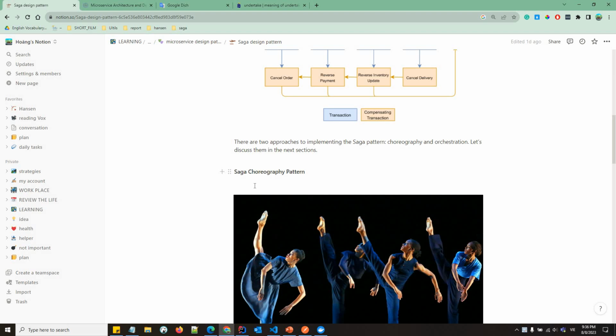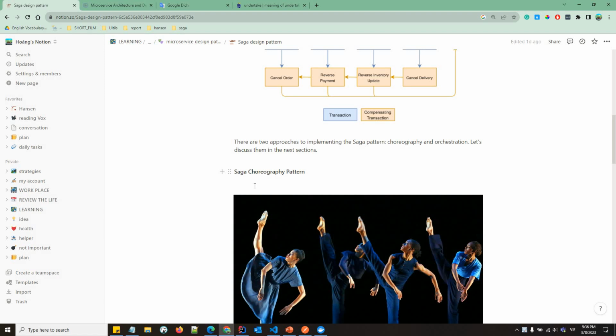So I think that is the idea of the saga design pattern, and I need to make an example with an e-commerce application. We have three services: order service, delivery service, and payment service.